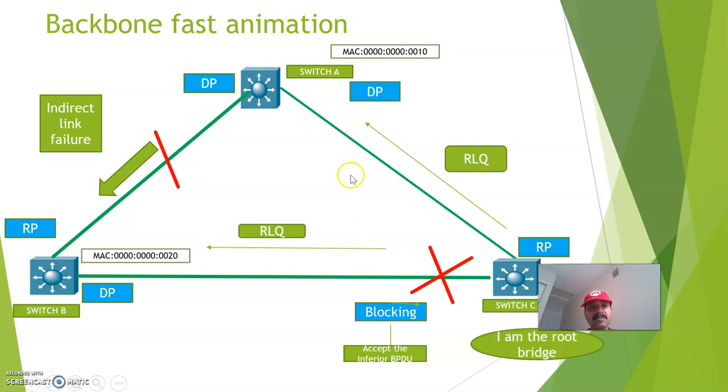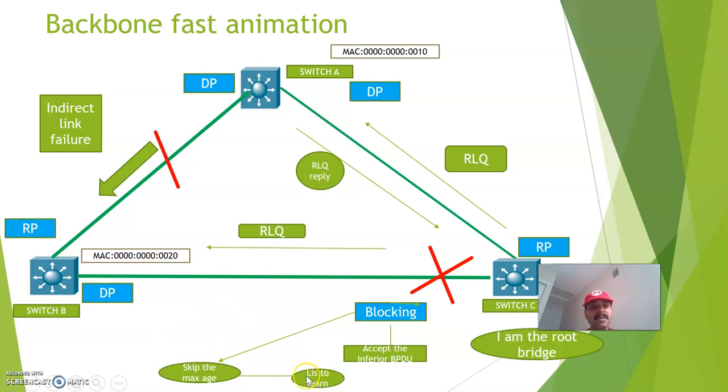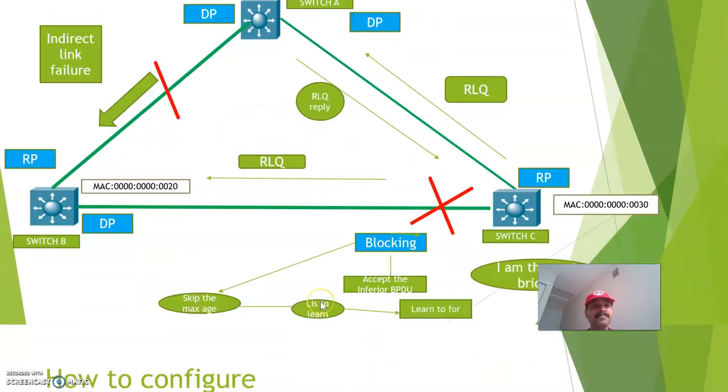Once it receives the reply to the root link query, switch C will skip the maximum age timer, that is 20 seconds. Then it will move from listening to learning, that is 15 seconds, and from learning to forwarding, that is another 15 seconds. So there will be a total of 30 seconds time delay when backbone fast is enabled.